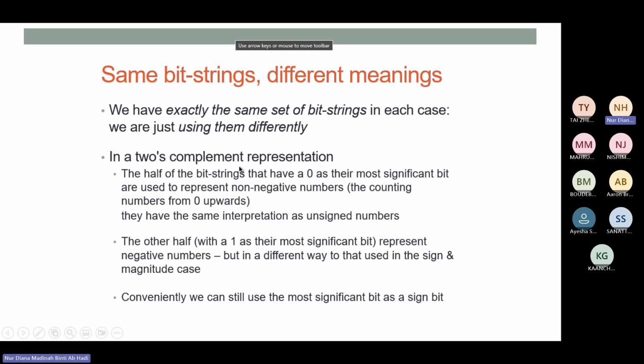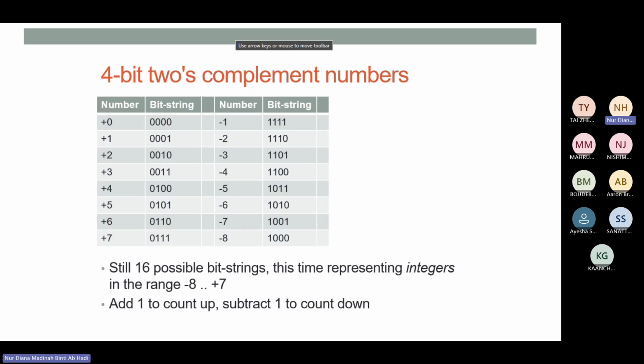So in two's complement representation, half of the bit strings have a 0 as their most significant bit to represent non-negative numbers. They have the same interpretation as your unsigned numbers, while the other half represent the negative numbers but in a different way than that used in the sign and magnitude case. Conveniently, we still can use the MSB as the sign bit. Okay.